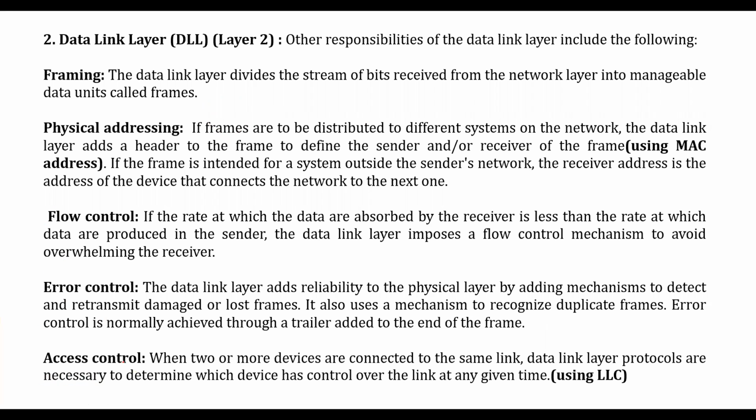Access control means when two or more devices are connected to the same link, data link layer protocols are necessary to determine which device has control over the link. That is, at a particular point in time, which device starts communication. When one device starts communication, the other device needs to stop.